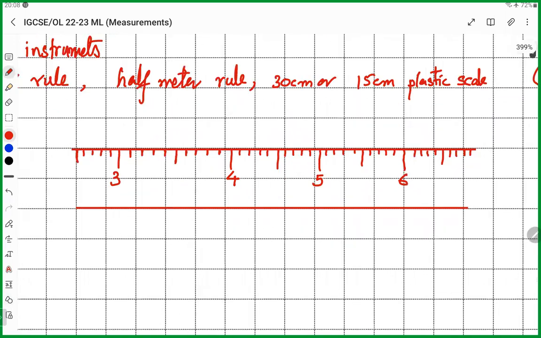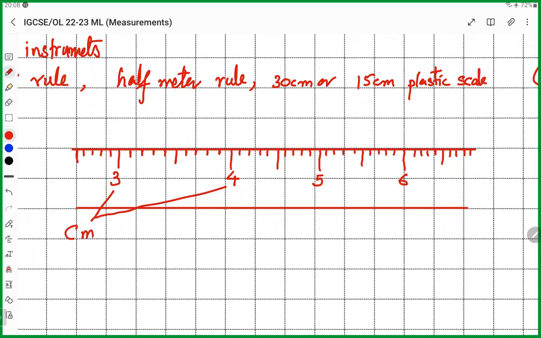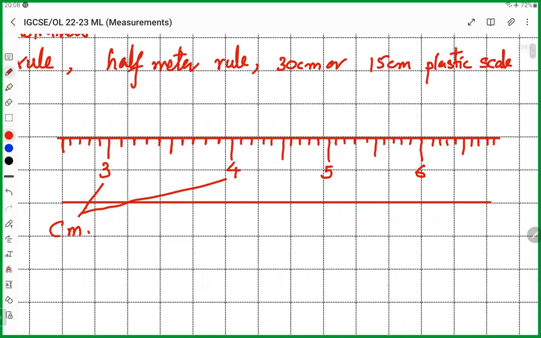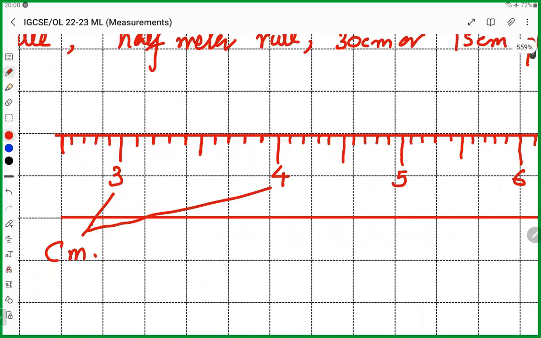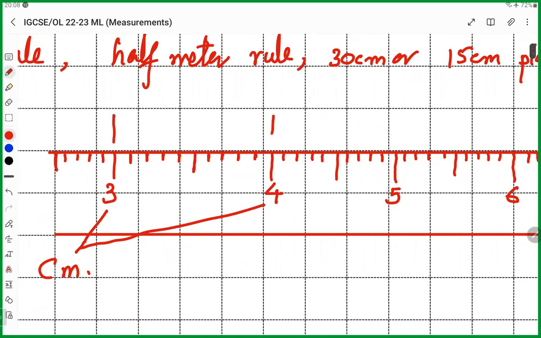So these are centimeters. Now, if you use this scale, from here to here is 1 centimeter.